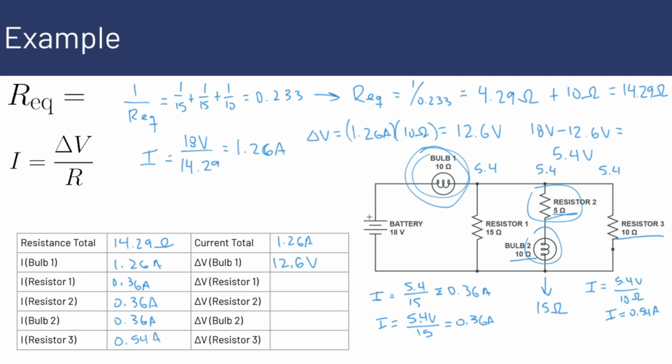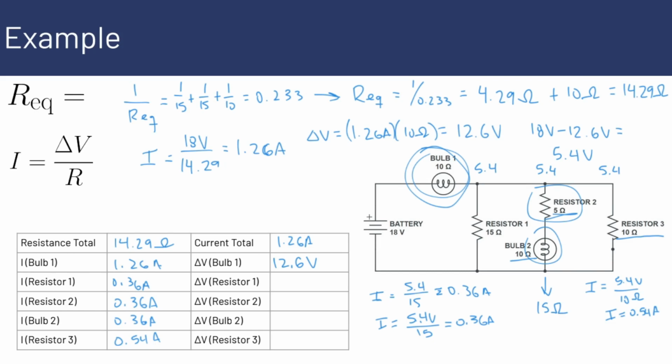All right, now to double check, we can add all of our currents across our branches and figure out if that totals the total current for the circuit. So 0.36 plus 0.36 for the second branch plus 0.54 for the third branch. Add all those up together, and that equals 1.26 amps, which is what we should have.